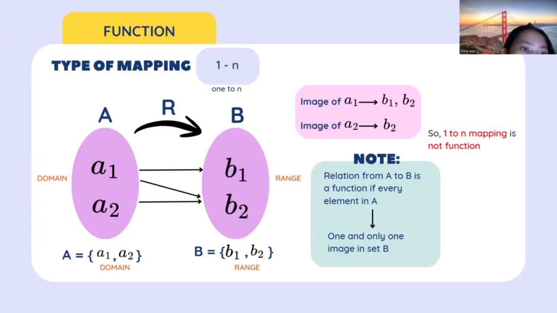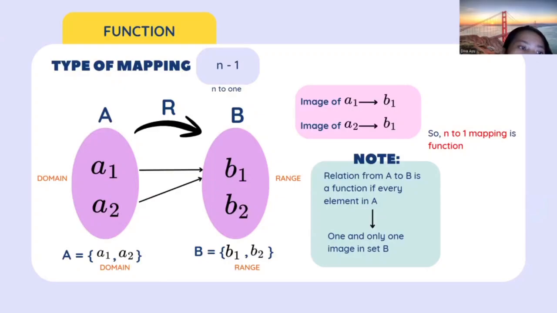If the mapping is one-to-many, then the relation is not a function. This is because an element in set A has more than one image in set B. For it to be a function, every element in set A must have one and only one image in set B.